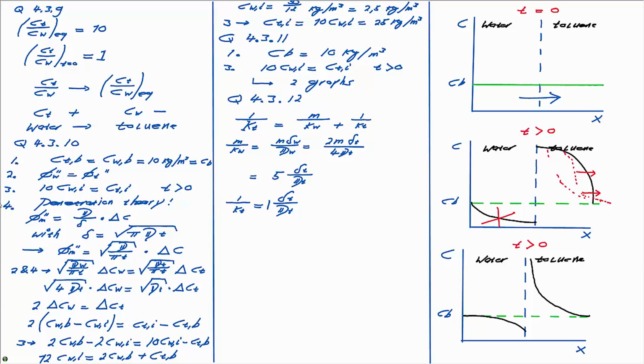So this is 1 times delta T divided by DT. So the largest mass transfer resistance is situated in the water phase.